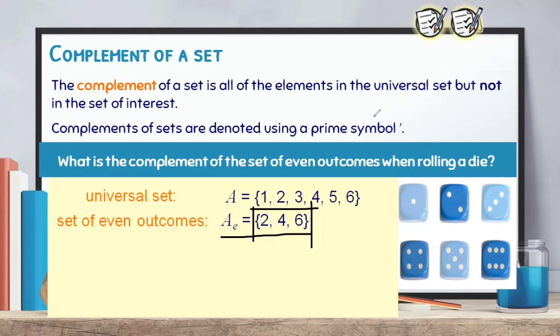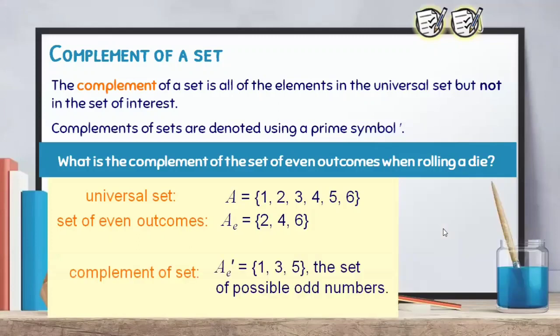According to our definition, the elements that we include in the complement of a set are those elements that are not included in the set of interest. If we have 2, 4, 6 as our set of interest, then 1, 3, and 5 are the elements that are not included in it. So A sub E prime, the complement of our set A sub E, is equal to 1, 3, 5.